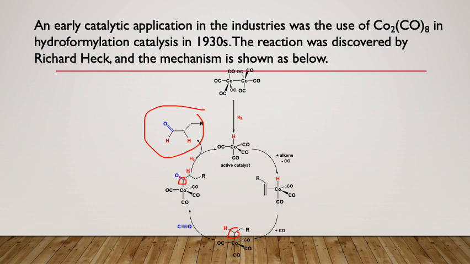Then at last we add hydrogen so that the hydrogen will be attached at these two positions. Then the aldehyde is produced and we can get back the catalyst. It can be regenerated and reused.